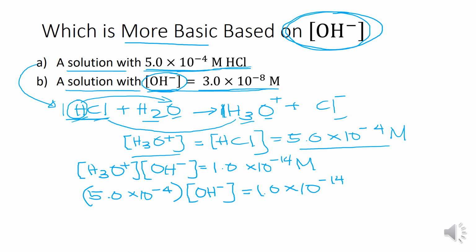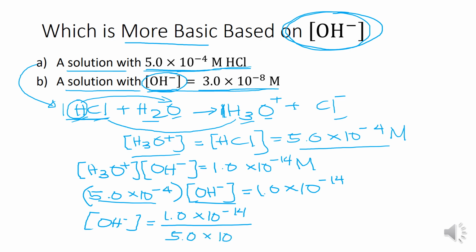To solve for the hydroxide ion concentration, we have to eliminate this number on the left side. So it looks like we have to divide both sides of the equation by that number, in order to get the hydroxide ion concentration is equal to 1 times 10 to the negative 14 divided by 5 times 10 to the negative 4.